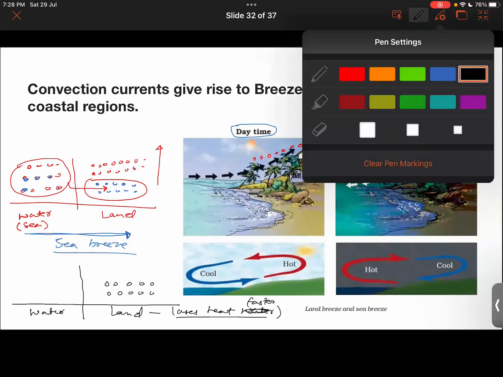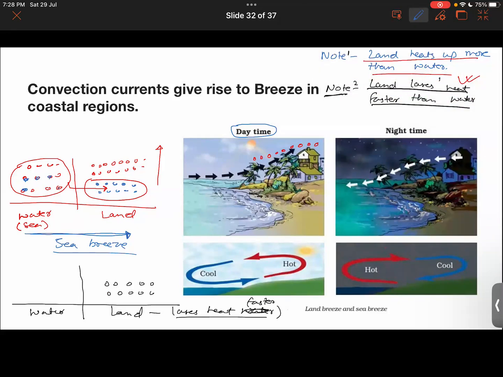Getting it, Sundus and Vaiga? Now look at the water molecules on the seaside. Since they are warmer, they will start to rise, and there will be an empty space created here, and that empty space will be taken up by the air molecules from the land.